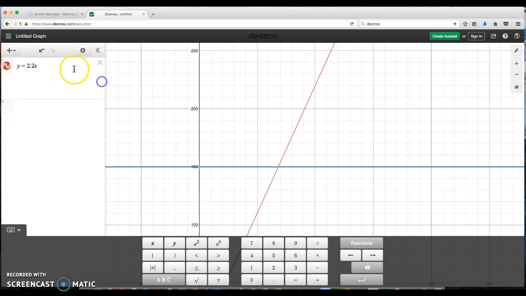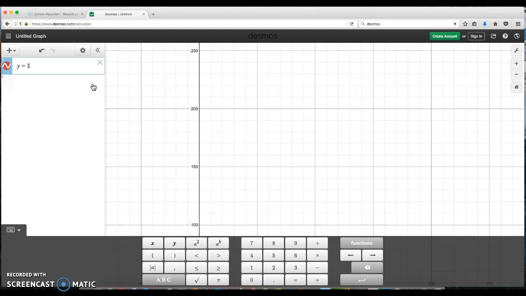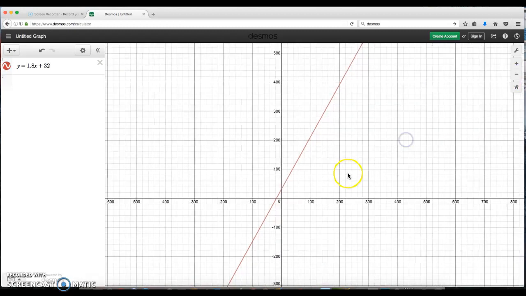So that's a very simple conversion. For a little bit more advanced conversion, let's put in y equals 1.8x plus 32. Zoom out a little bit. We can see our graph.